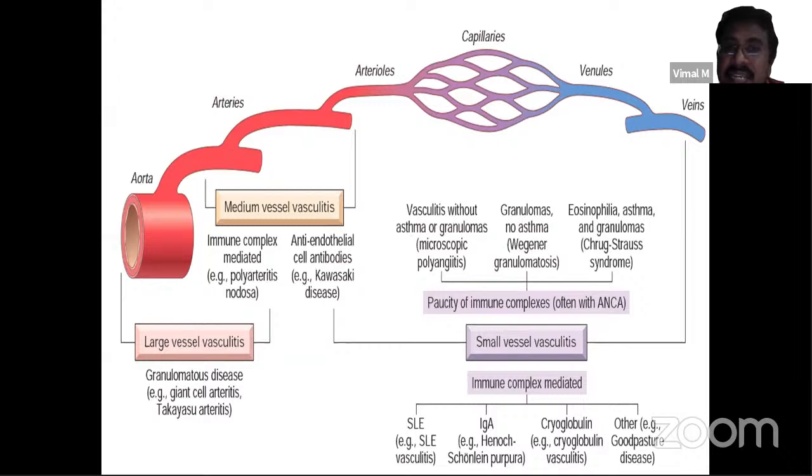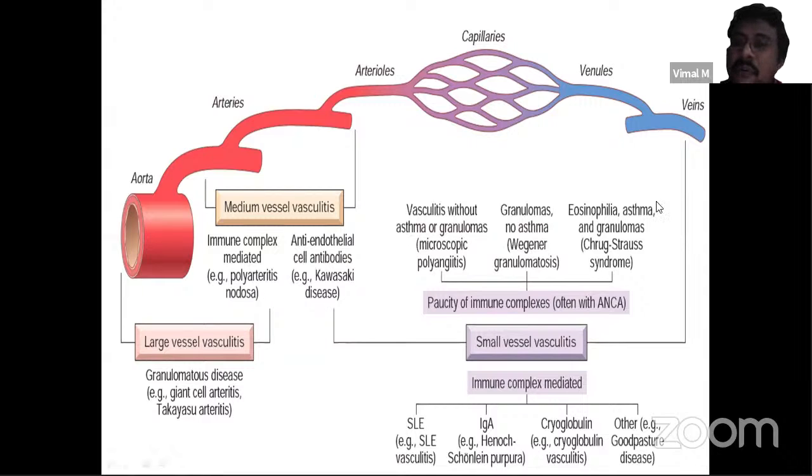Then there is vasculitis which can affect the smaller blood vessels, that is, arterioles, venules, and capillaries. The examples of small vessel vasculitis include microscopic polyangiitis and Wegener's granulomatosis, which is nowadays called granulomatosis with polyangiitis.